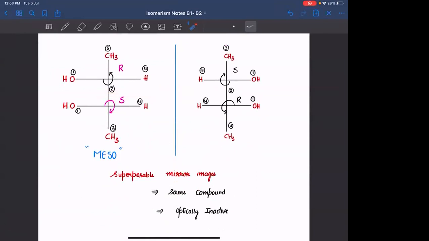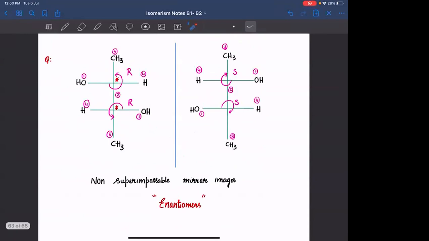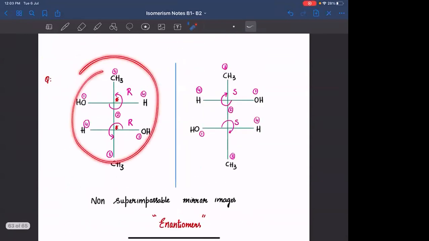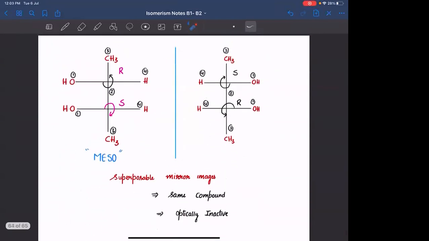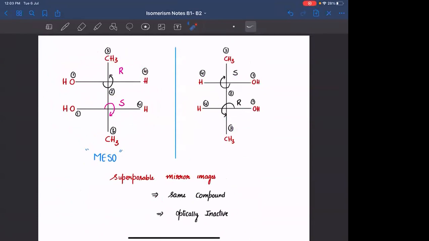If you are having only one chiral carbon, then I can definitely say it is going to be chiral compound. If you are having more than one, it may or may not be. It will be chiral if it is asymmetrical. If it is achiral, it will be symmetrical. Agreed? I hope this is clear. I'm not confusing you, everyone.